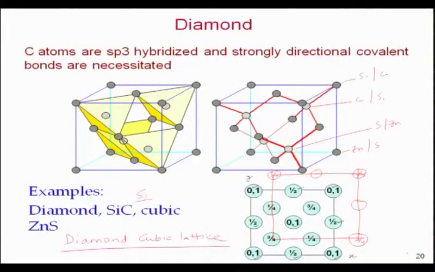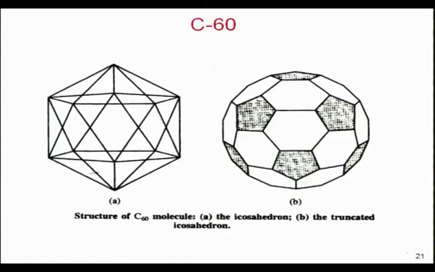Alright, this is the structure of diamond. This is the structure of another covalent material called C60, which is the fullerene buckyball kind of structure. So, it has a football shaped structure where carbon atoms are arranged in such a fashion that you see these truncated hexagons and pentagons arranged.